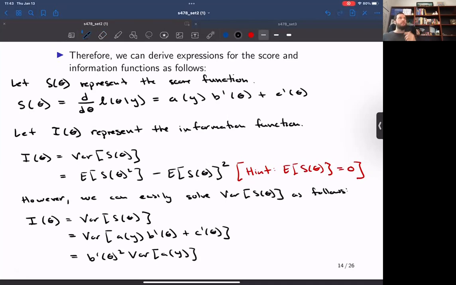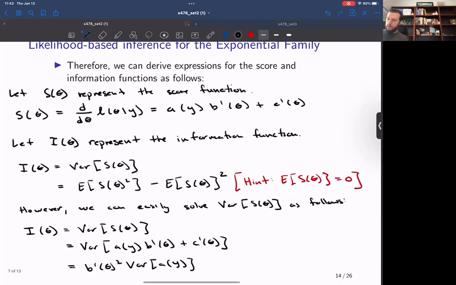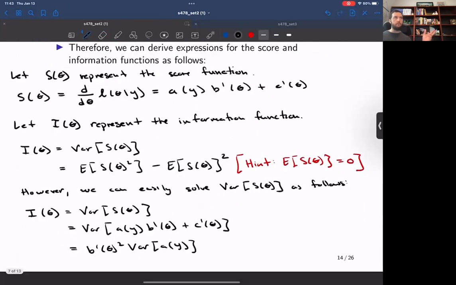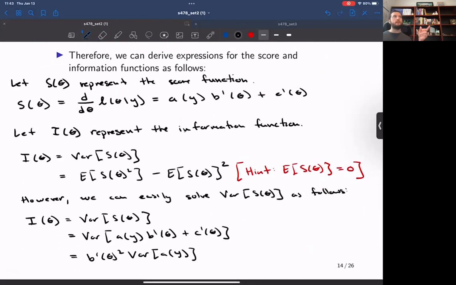All right, and then from our previous expression, we know the variance of a of y from the last slide, or from 2 slides back, is b double prime theta times c prime theta minus c double prime theta b prime theta over b prime theta cubed.